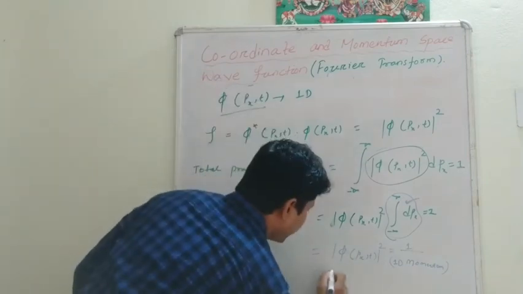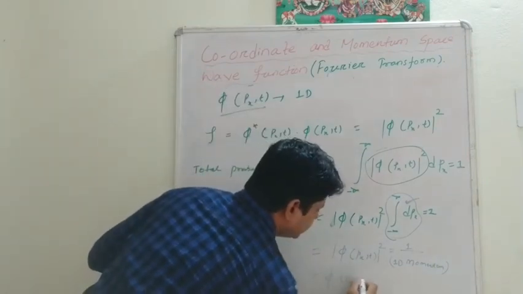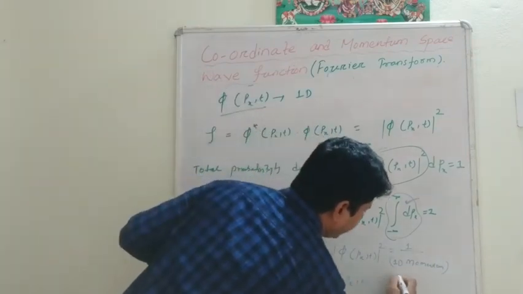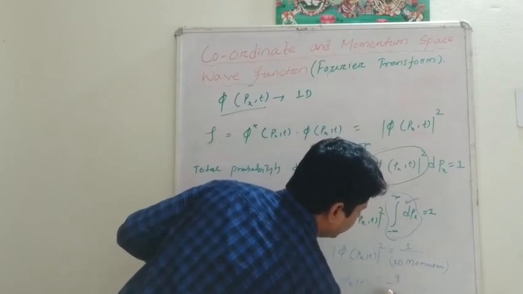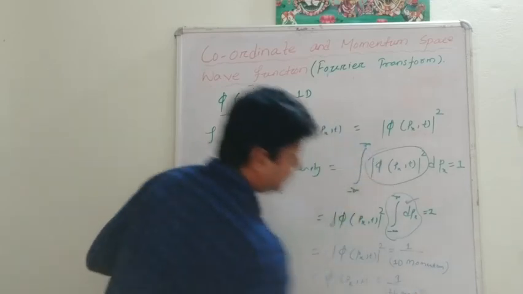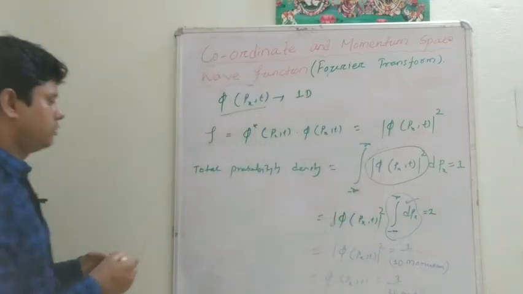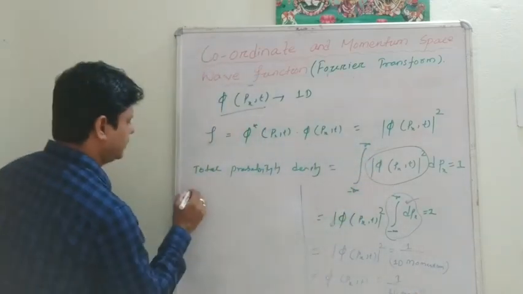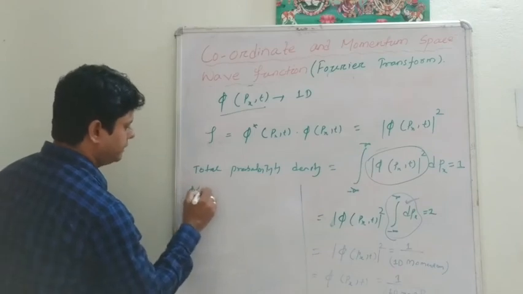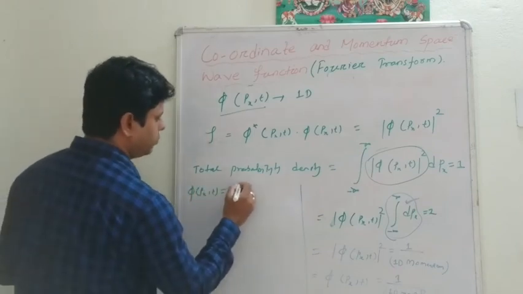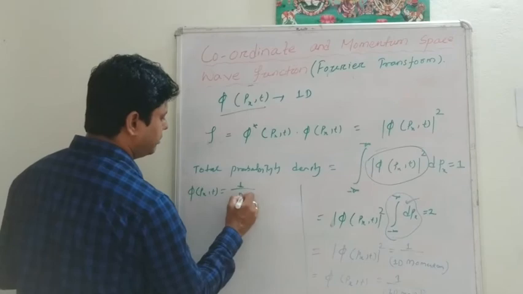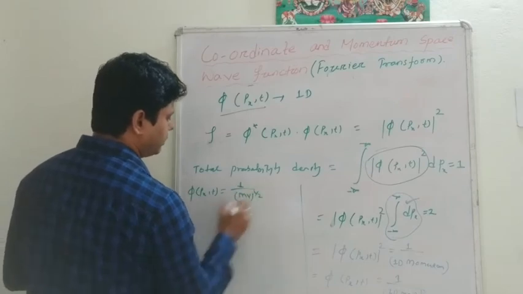Hence the unit of phi(p, t) will be 1 by the 1D momentum to the power 1 by 2. So what will be the answer? The unit of phi(p, t) will be 1 by momentum, meaning m into v, to the power 1 by 2, right?